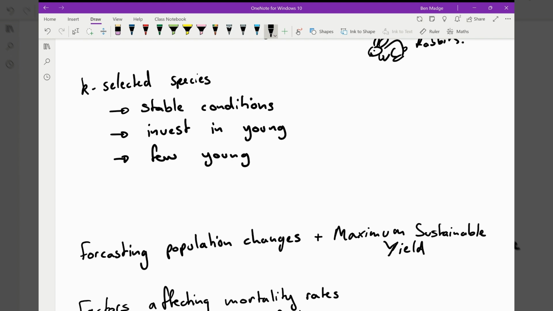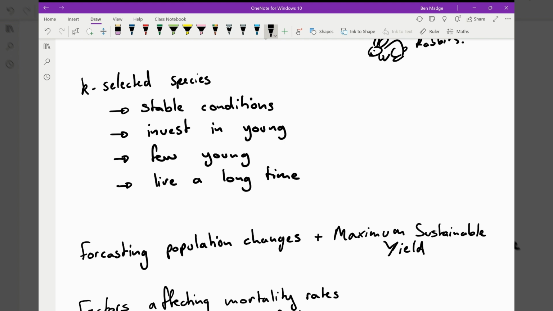They will typically live a long time as well to make up for the low birth rates that they have. Okay, this means that if there's been a sudden change in environment, they don't really cope very well with it. They don't have the ability to replace losses quickly.